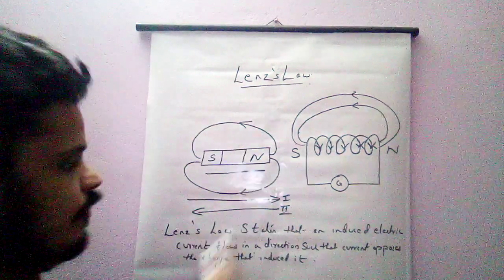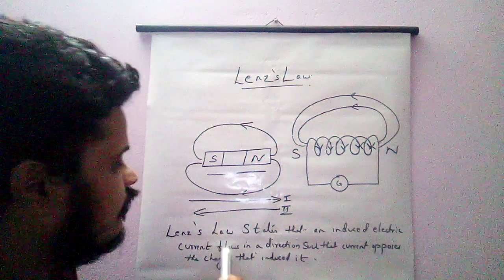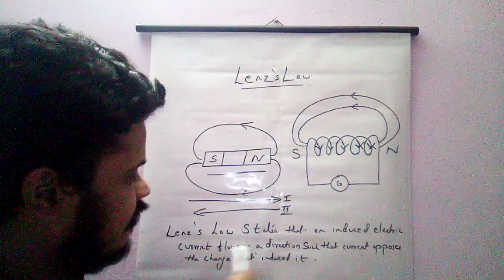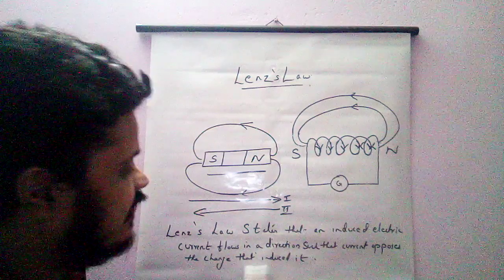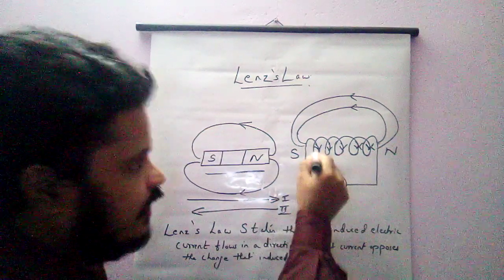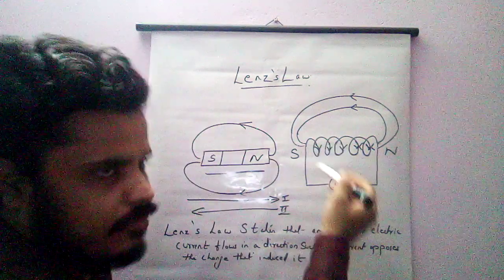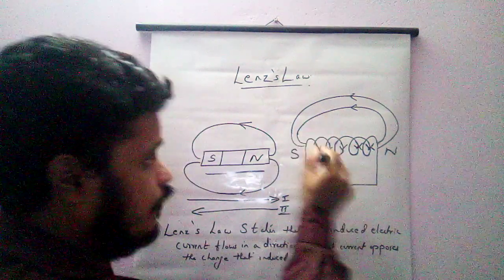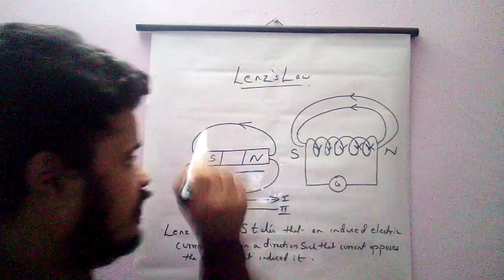So this is what they are explaining in the statement: the induced electric current flows in a direction in such a way that the current opposes the change that induced it. This is what we have explained here, right? When the magnet is moved, a current is developed. This current will oppose the change that caused it, because this current is opposing this magnetic field.